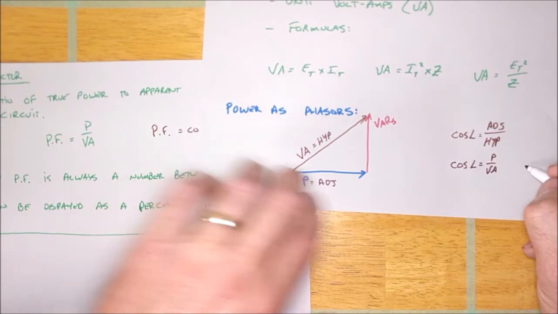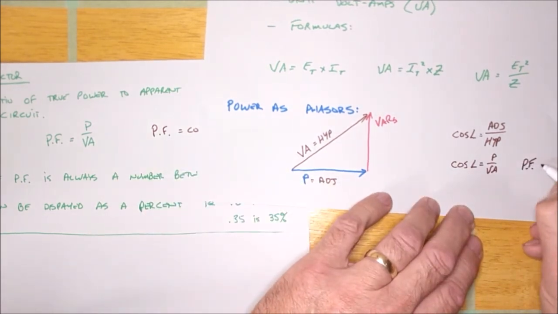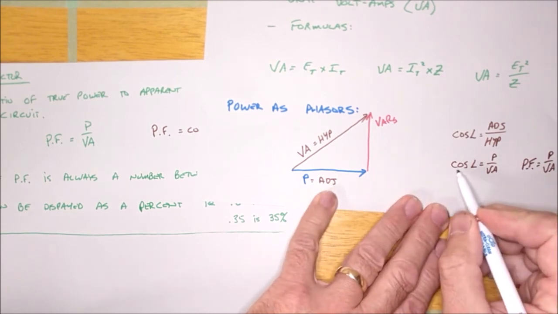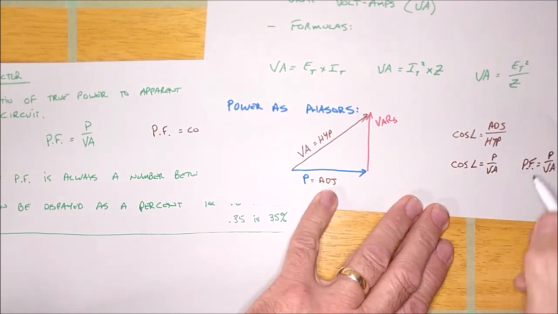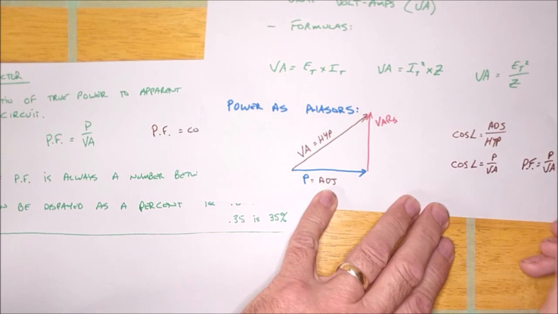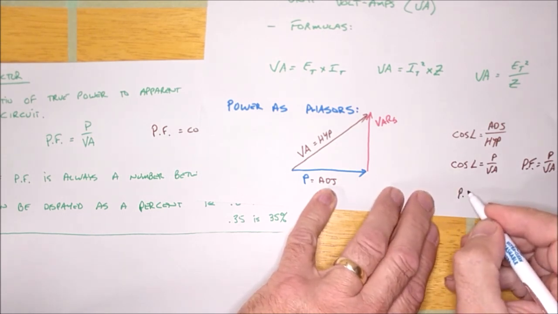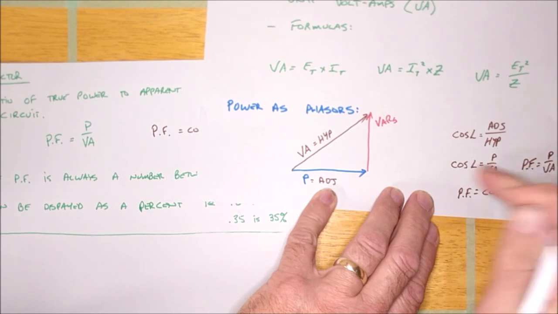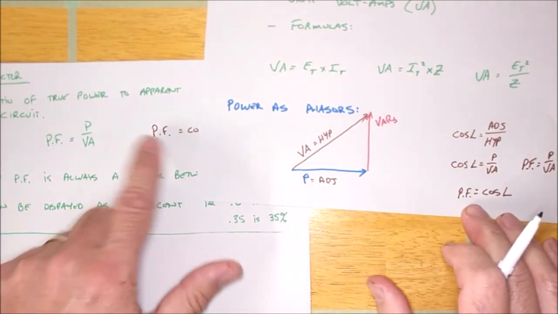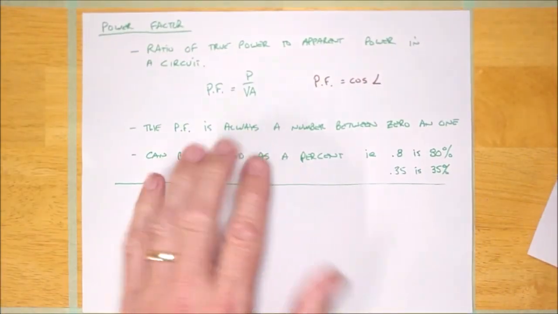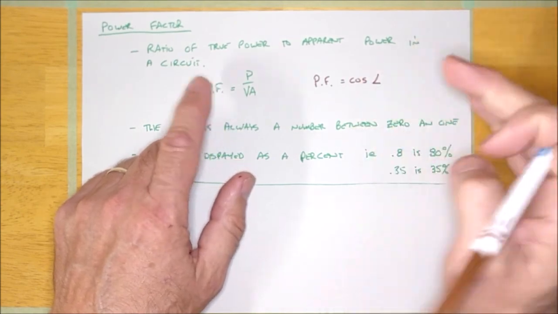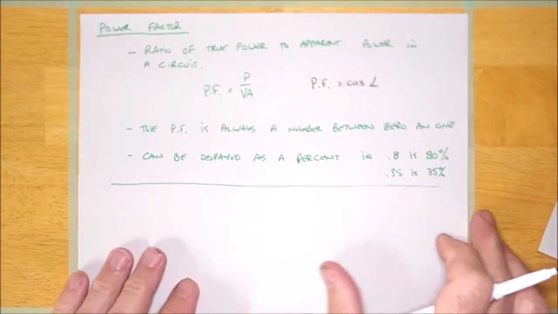Now, since the power factor is equal to P over VA, and the cosine of the angle is equal to P over VA, it is possible to say that the power factor is just equal to the cosine of the angle. This is equal to this. So either one of these two formulas, guys, will work for calculating power factor, and this is going to make more sense once we start trying some questions.